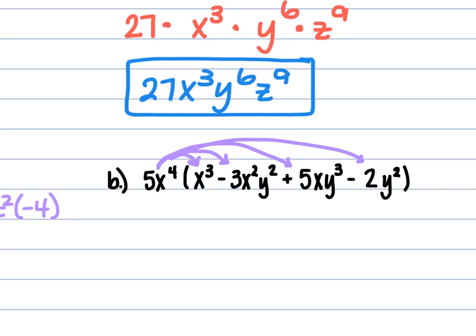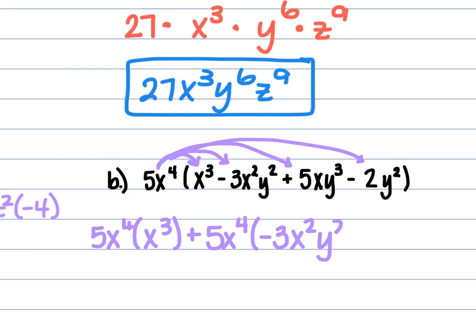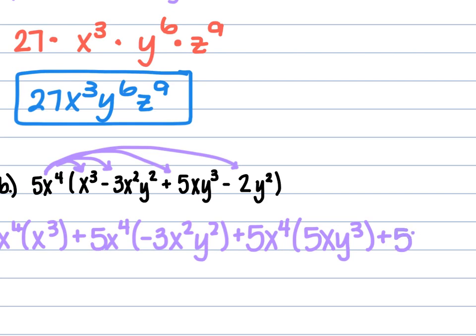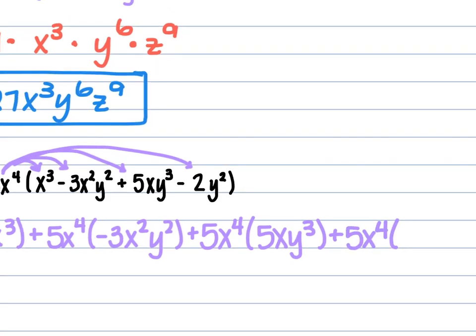So we're going to have 5x to the fourth power times x cubed plus 5x to the fourth power times negative 3x squared y squared plus 5x to the fourth power times 5xy cubed plus 5x to the fourth power times negative 2y squared.